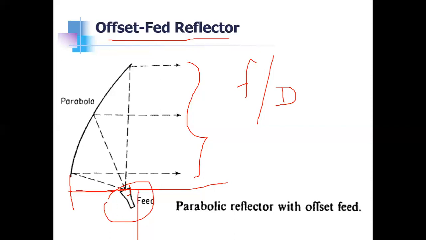And the asymmetry is increased in this case. Because of this increased asymmetry of the geometry, when illuminated by a conventional linearly polarized feed, cross polarized radiation lobes are produced. So when you feed linearly polarized waves, certain cross polarized lobes are also produced.